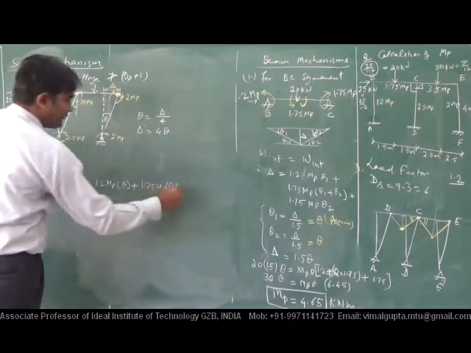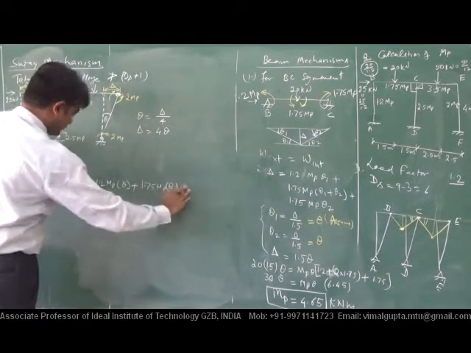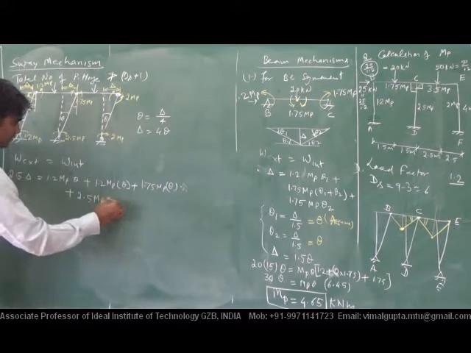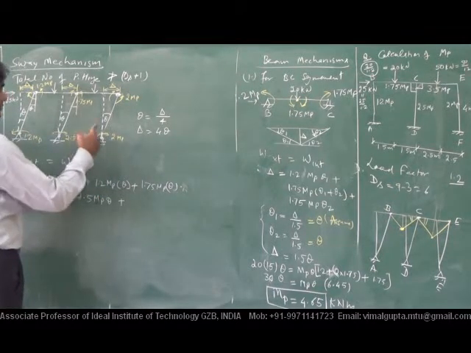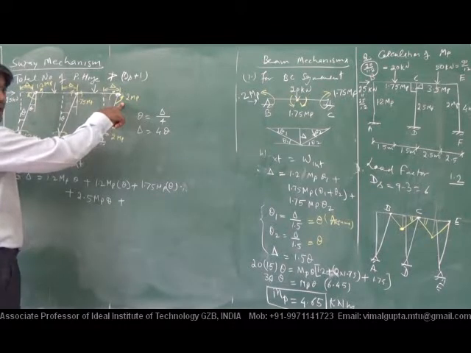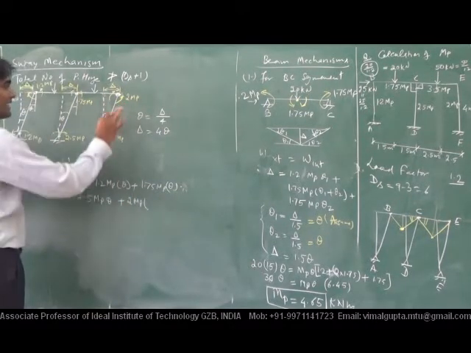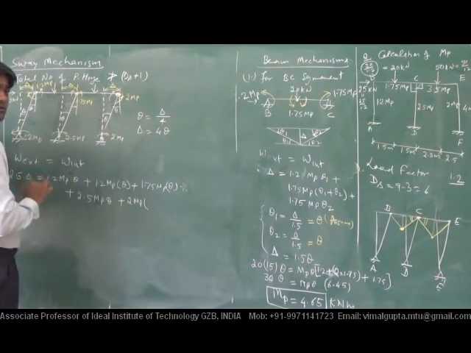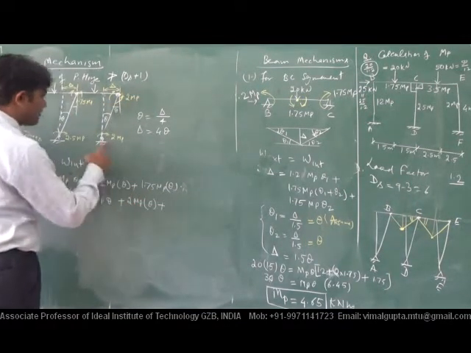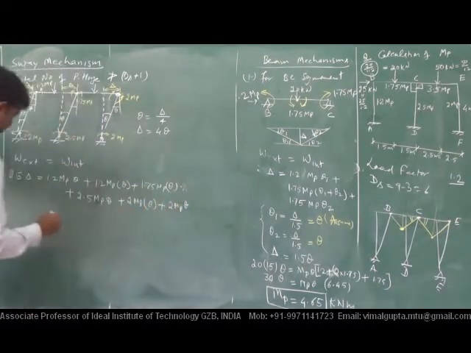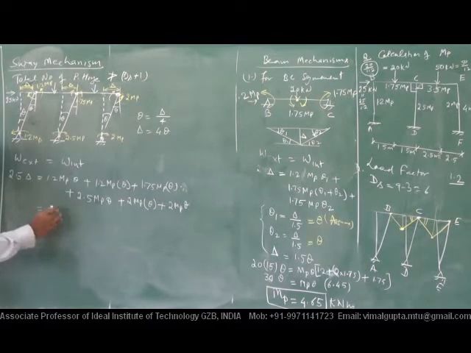Plus 2.5 Mp into theta, plus 2 Mp into only theta, plus here 2 Mp into theta. So tell me the value of Mp into theta. How many? 10.65.